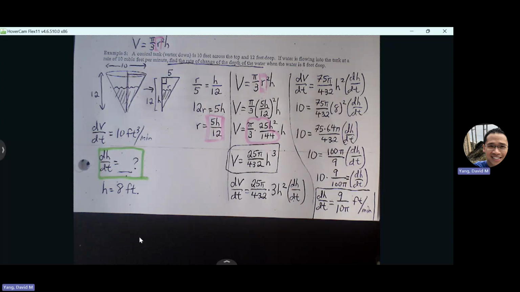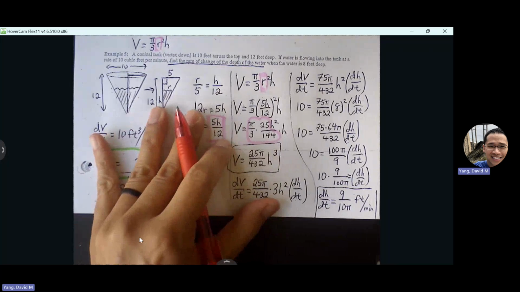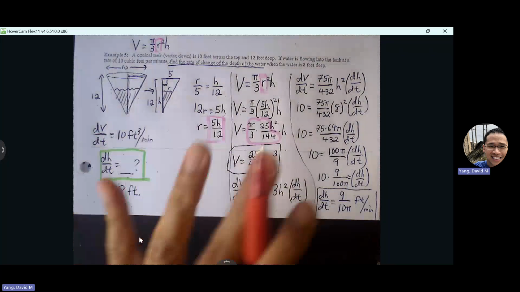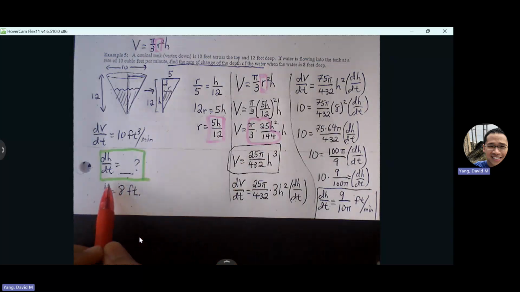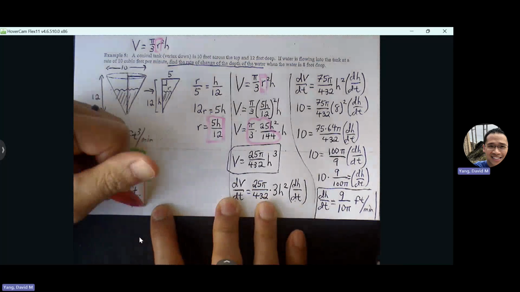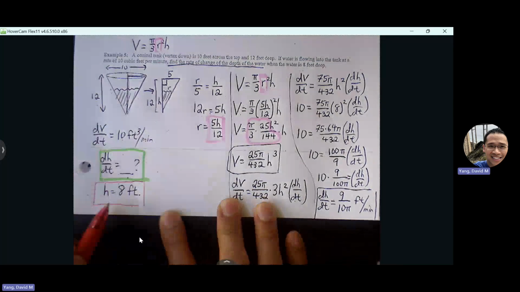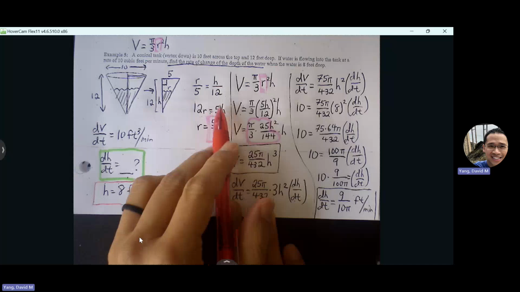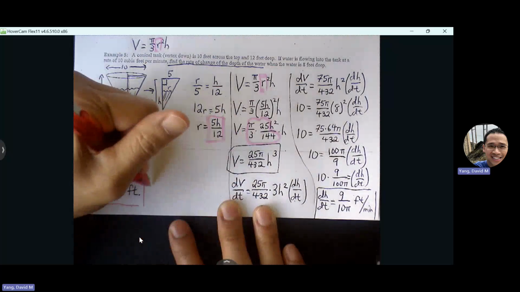Okay. A couple of things that I want to point out, just to highlight some of the issues students have with a problem like this. Here's a big issue. When they give you that height, the tendency is students want to start entering that in because they're like, well, I have h is 8, why not just start putting in 8 for all the h's?